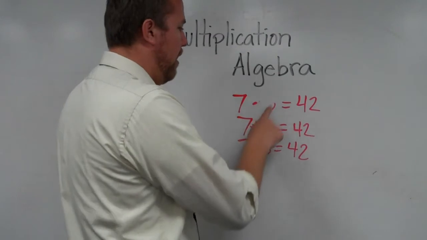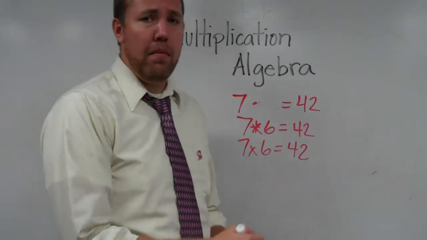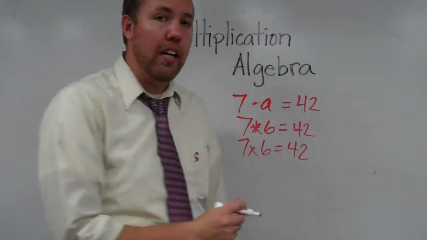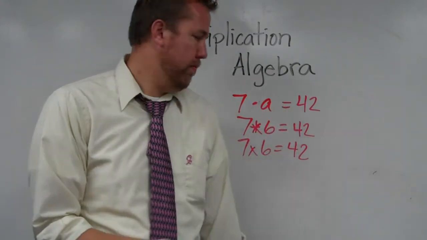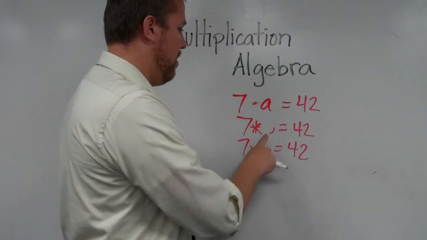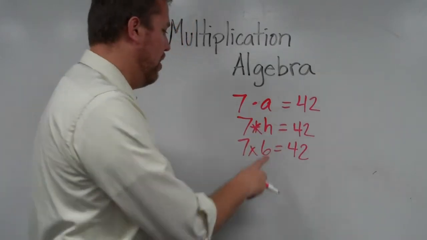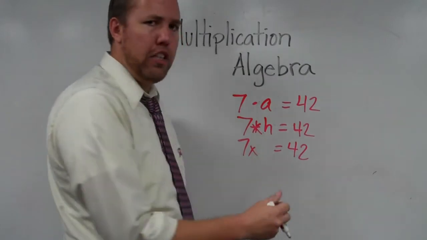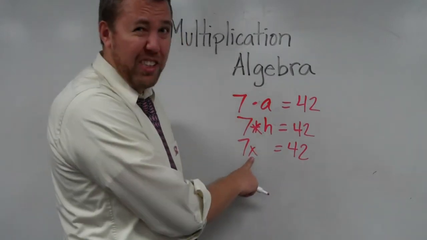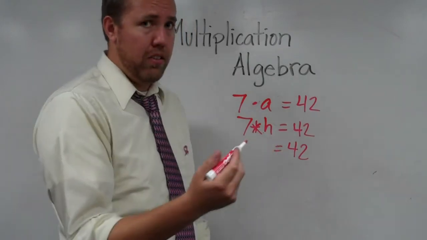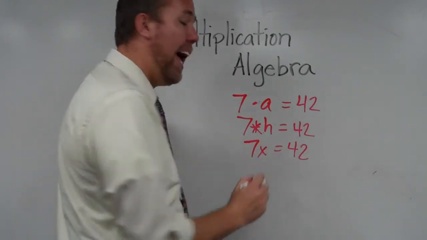So it might take out 6 and it might replace it with a letter. 7 times A equals 42. Okay? 7 times H equals 42. Or in algebra they actually won't use the multiplication symbol because they might just do 7x.